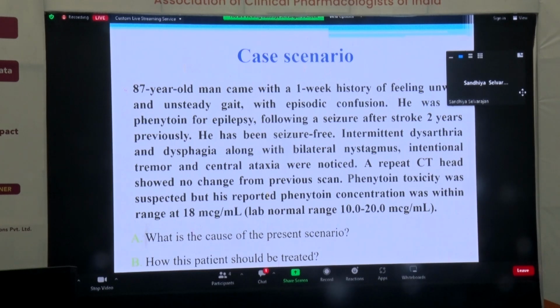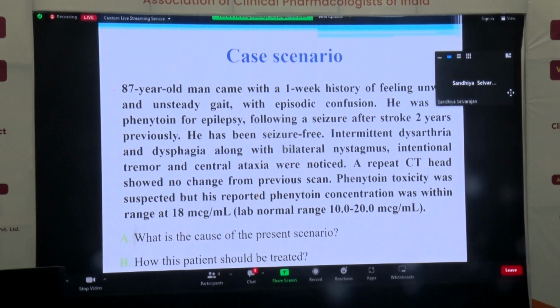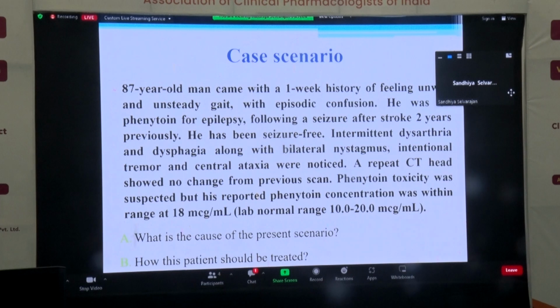When the plasma concentration of phenytoin is within the normal range, why is he showing features of phenytoin toxicity? What could be the cause leading to this presentation and how should the patient be treated? So the answer to this scenario is available somewhere down the slides while I present my topic.